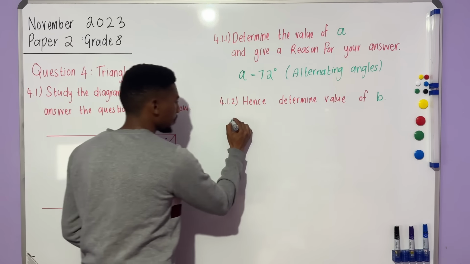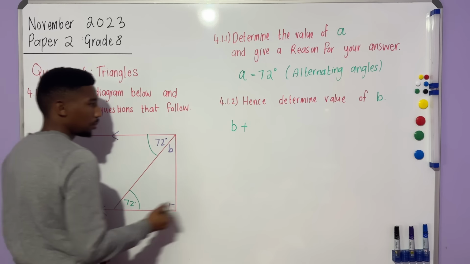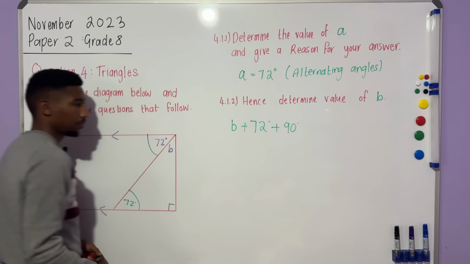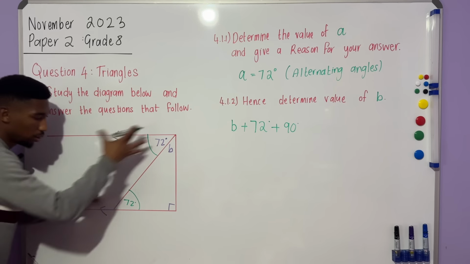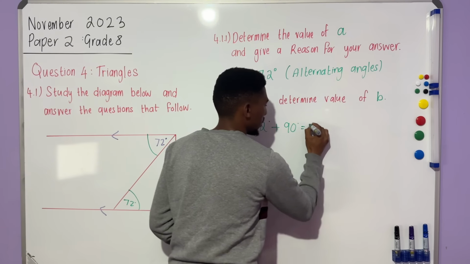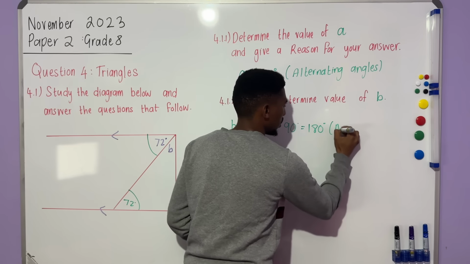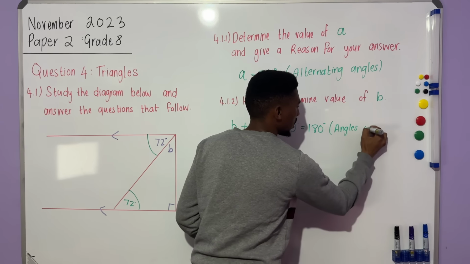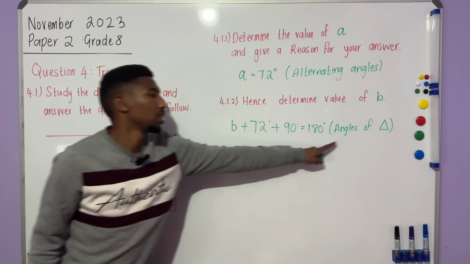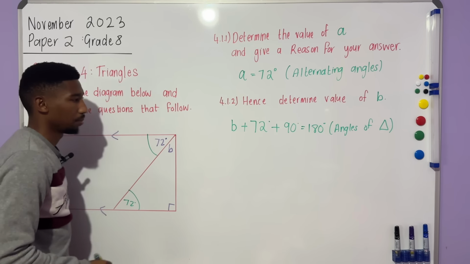We're going to add them. So it's B plus 72 plus 90. And what do we know about angles of a triangle? They add up to give 180. You're going to say angles of triangle. You need to always have a reason every single time.